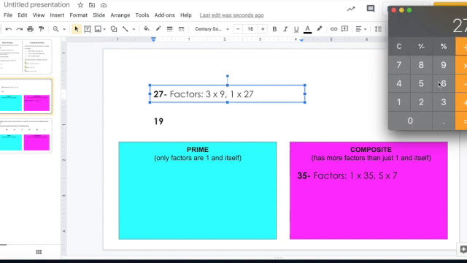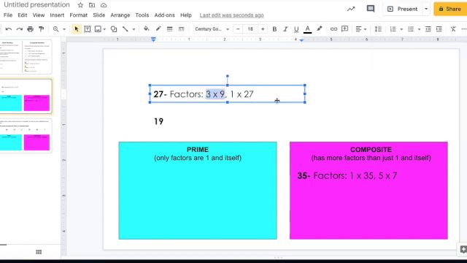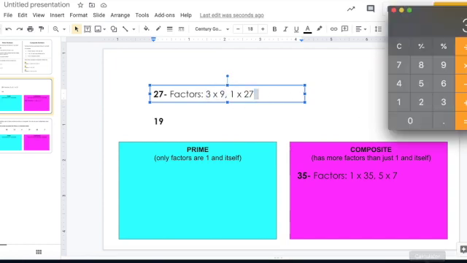So 27 divided by 6, another decimal, 27 divided by 7, whoa, another big decimal, 27 divided by 8, I get another decimal, and then if I do 27 divided by 9, I know I'm going to get 3 because here you see I already have 3 times 9 are factors.